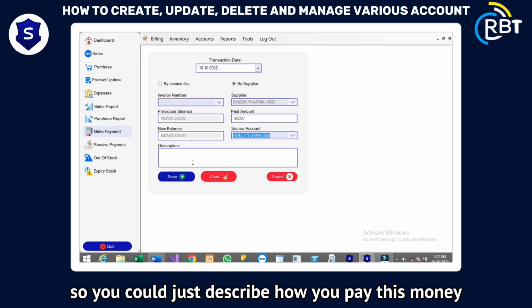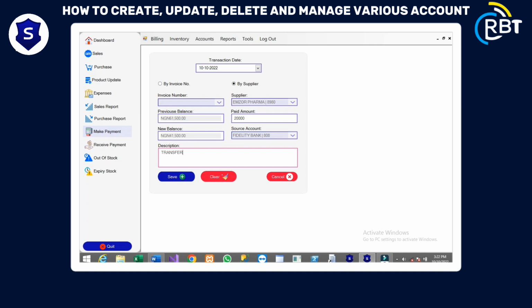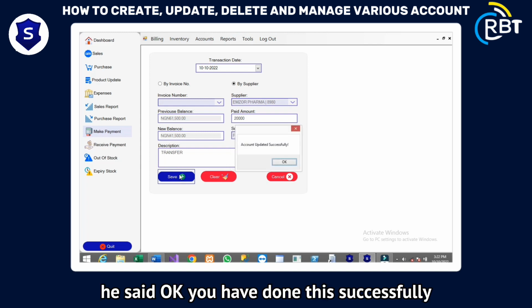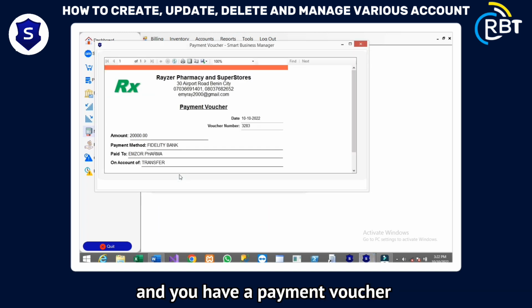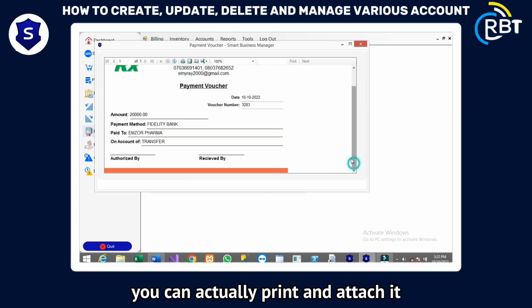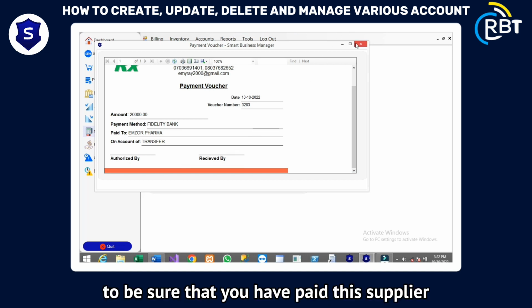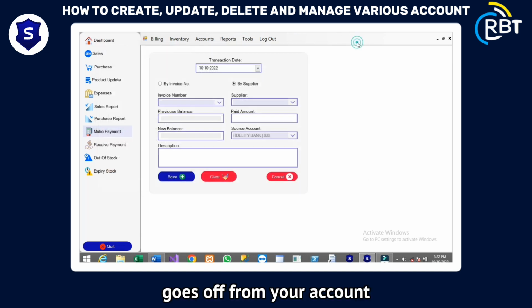You could just describe how you pay this money, let's say by transfer or whatever. And once you click this button to save, it says you have done this successfully and you have a payment voucher, right? That you can actually print and attach to the receipt. You can sign it so everybody can be sure that you have paid this supplier, and this money goes off from your account and goes into this supplier's account.